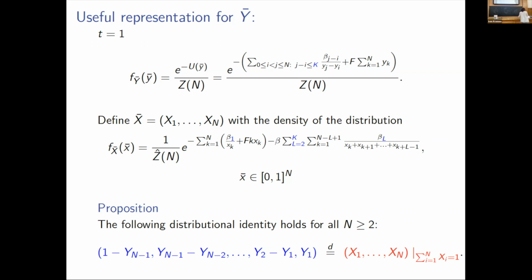If I draw a picture, we had a line from 0 to 1, with Y1 up to Y_{n-1}. And now from the variables Y, I come to the variables X. And here is X1, X2, and that will be Xn.